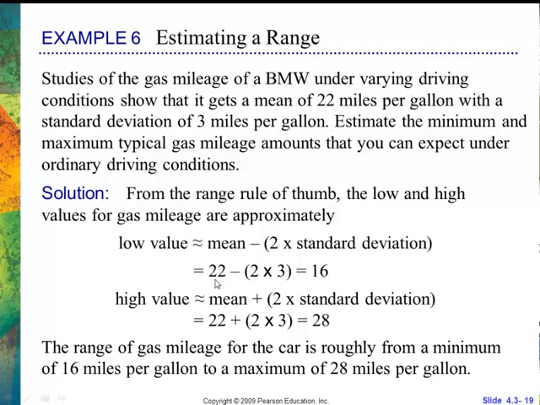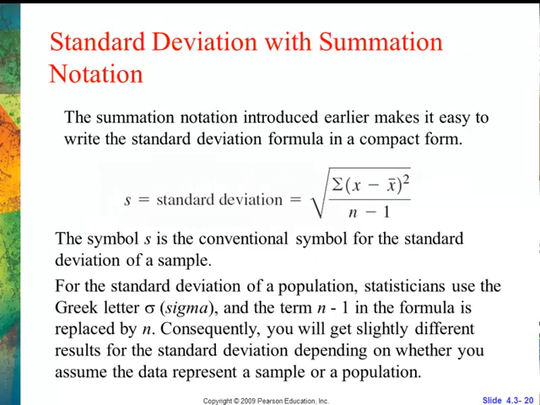So 22 minus 2 times the standard deviation, so 22 minus 6 gives us 16, and 22 plus 6 gives us 28. So we should get within 16 to 28 miles per gallon on our BMW. That's using that estimated range. So that's how we can use those things to help us out.